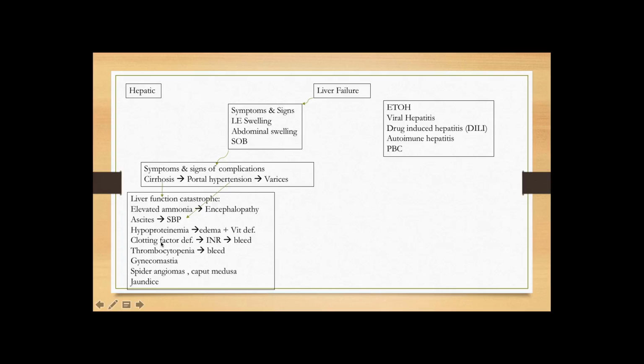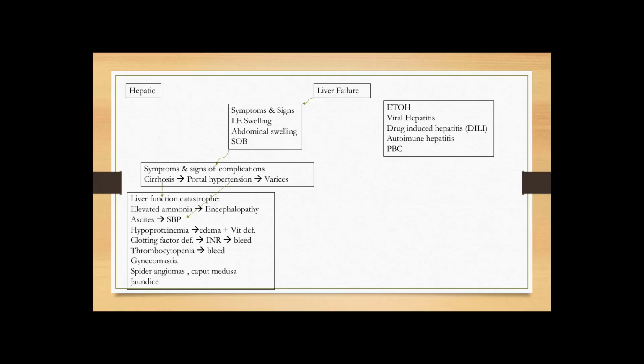And then there will be clotting factor deficiency. You remember that clotting factors are synthesized in liver. Because there are not enough clotting factors, it will cause prolongation of INR. These people will start bleeding because of that. So INR will be high and they will bleed easily. That's another unfortunate phenomenon.